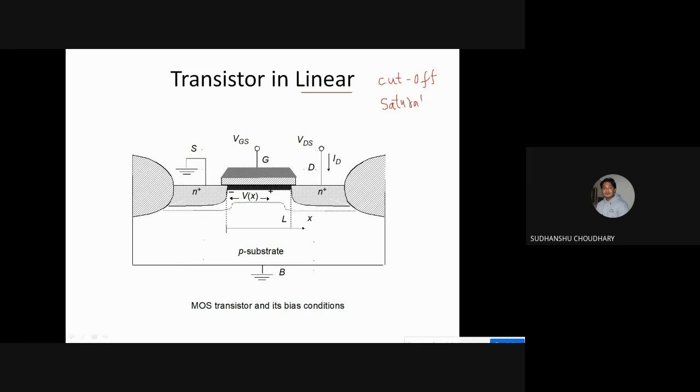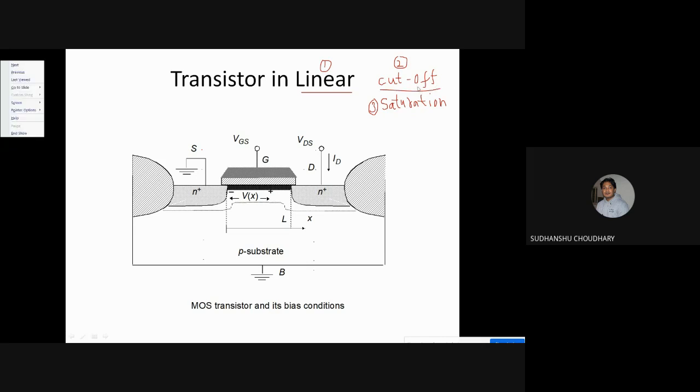So there are three regions of operation of a MOSFET. Let us talk about the linear region. In fact, let us first of all talk about the cutoff region.